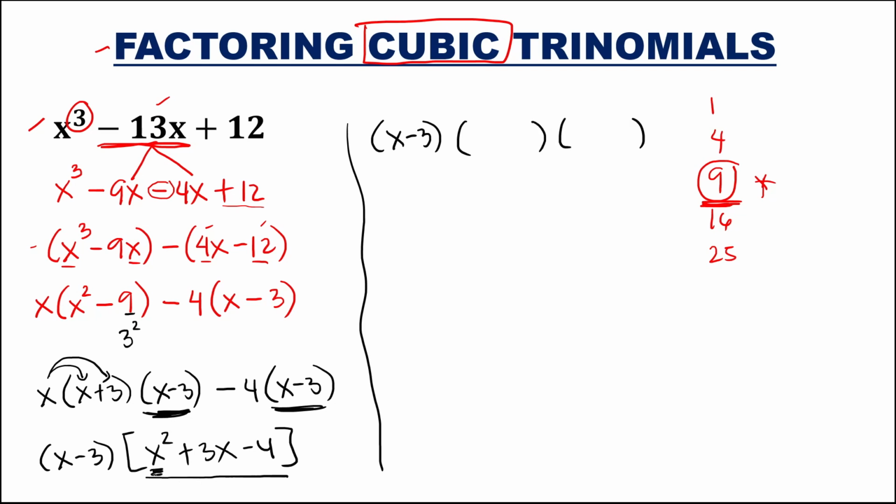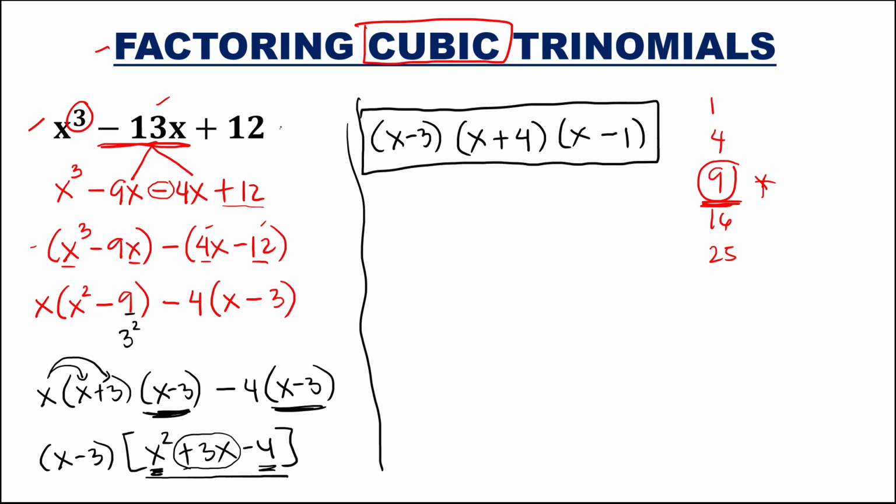Since x squared is x times x, and this negative 4 is 4 times 1, since the middle term is positive, the bigger number must be positive and this one must be negative. So these are now the factors for this cubic trinomial.